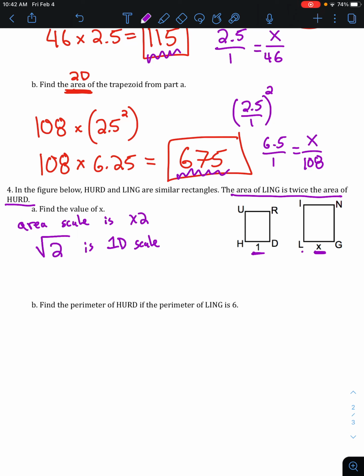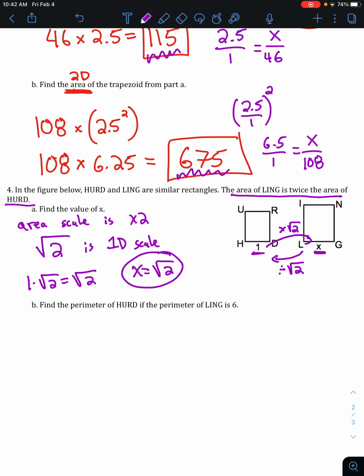So from x to 1, we're going to use that scale factor. It says area of Ling is twice the area of Herd, so we are going to divide by square root 2 if we want to go from x to 1, or if we want to go from 1 to x, we would multiply by square root 2, depending on which way we are scaling. 1 times square root of 2 is simply the square root of 2. So x equals square root of 2.